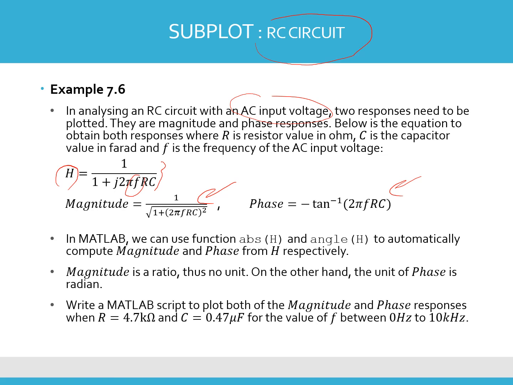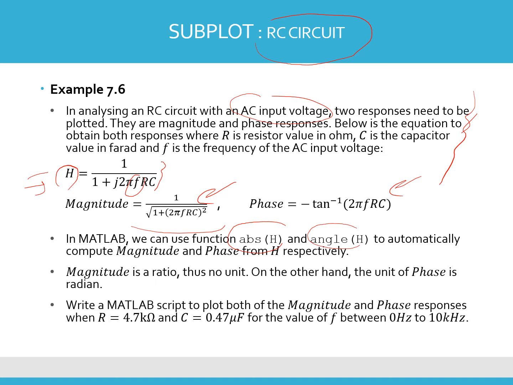I think you're still not learning this. I'm not sure whether you're learning it or not. This is second order, if not mistaken. But in MATLAB you don't have to do this. You don't have to write the equation for magnitude and phase angle. You can just use this Fs and H and angle H. So it is easier because you don't have to write the equation here.